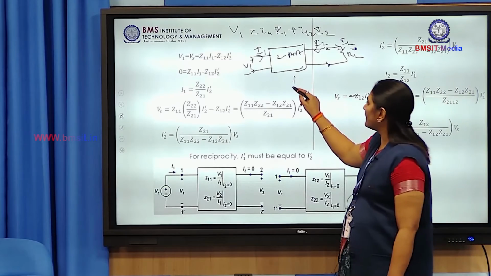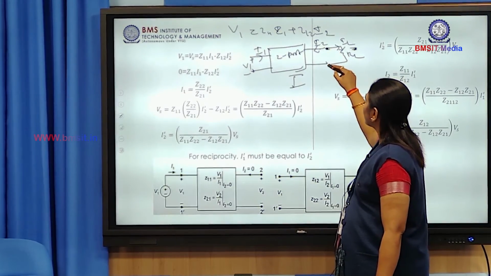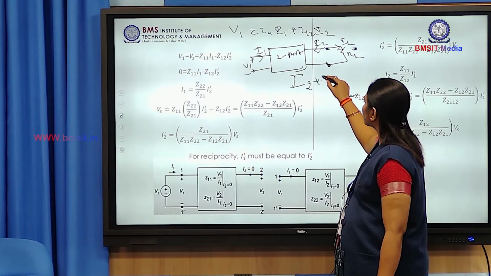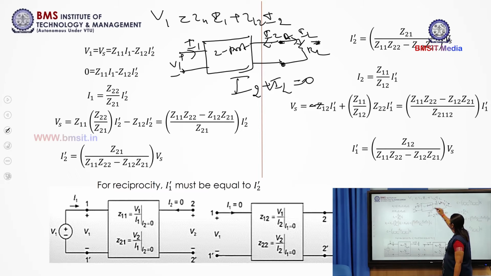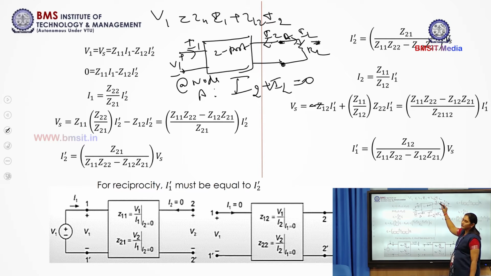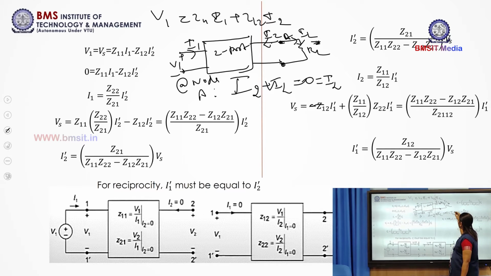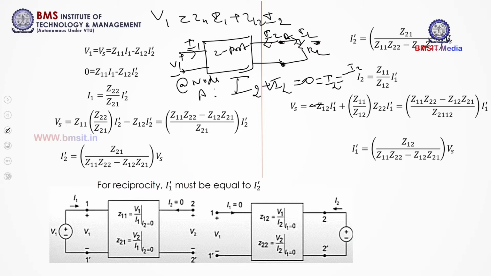So when I put the KCL at this point, let me consider this node as A. At node A, the current going out of the node I consider positive, I2 plus IL, which is equal to 0 by applying the KCL at node A. So from this we can see that IL will be equal to minus I2.